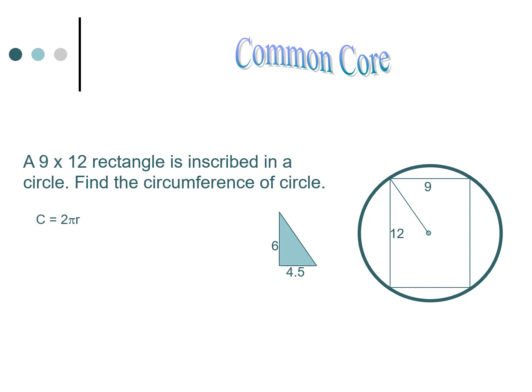Use your Pythagorean theorem, a squared plus b squared is equal to c squared, and you will get the radius to be 7.5. Plug it back into your circumference formula. Punch it all into your calculator. You should get 47.1239 units.